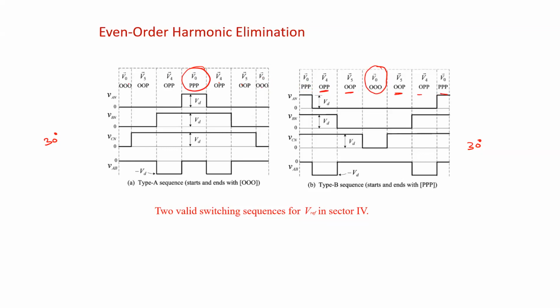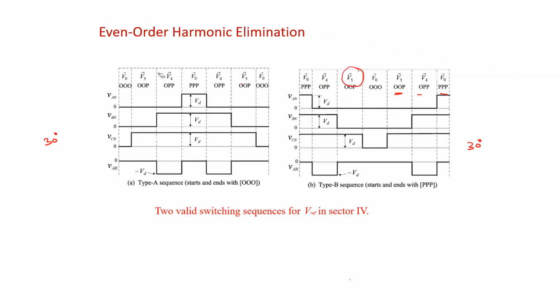In other words, now we have the V5 vector here and the V4 vector here, so the waveform looks more symmetrical. Instead of going V4, V5, now we have V4 in the second slot and V5 in the third slot.